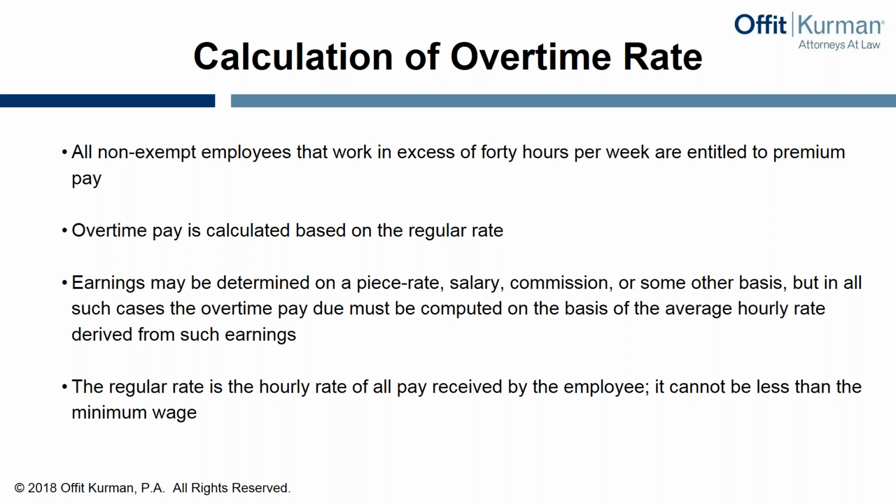And employees do get paid differently. Even non-exempt employees get paid differently. Some are hourly, some are piece rate, which means essentially by the job. If you get this project done, you get X amount of dollars.